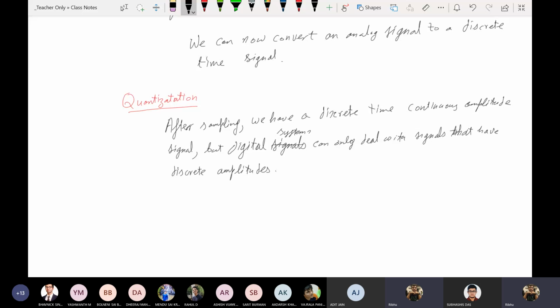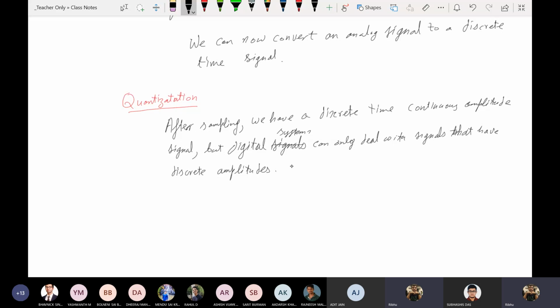Actually, binary amplitudes. I'm yet to provide a proper proof, but we all agree that digital systems can only deal with signals that have discrete amplitudes, because dealing with a continuous amplitude would require infinite precision, and infinite precision would require an infinite length shift register, which is not possible.